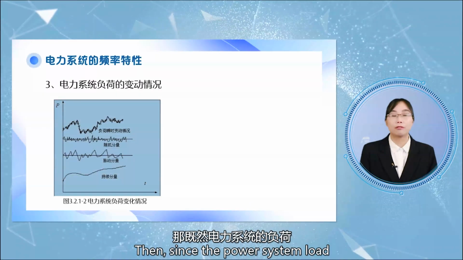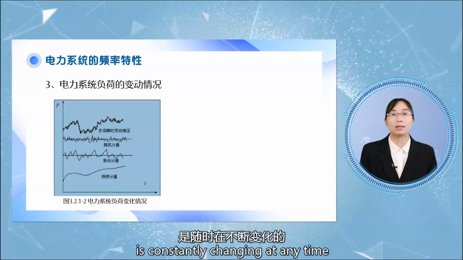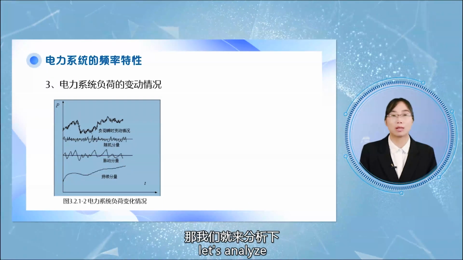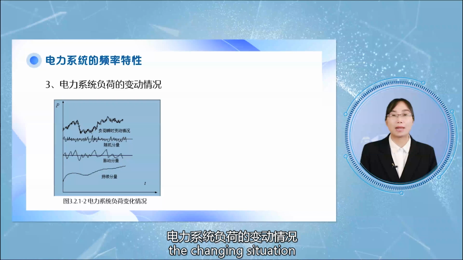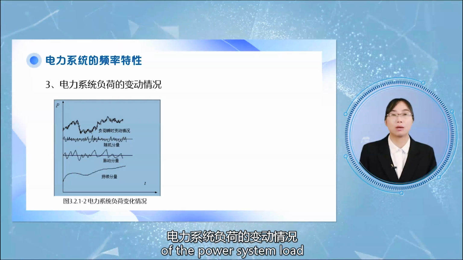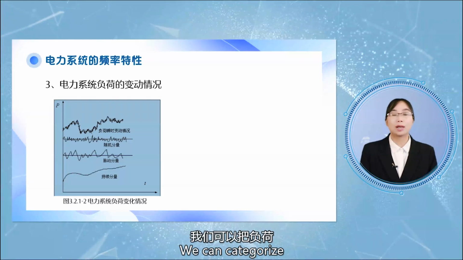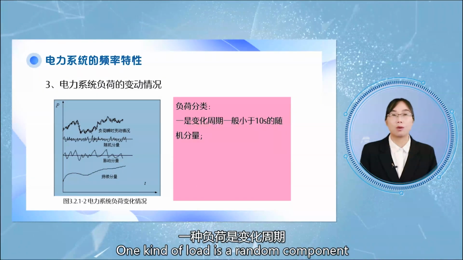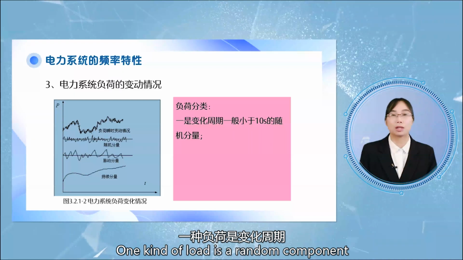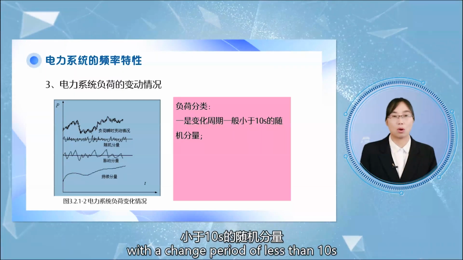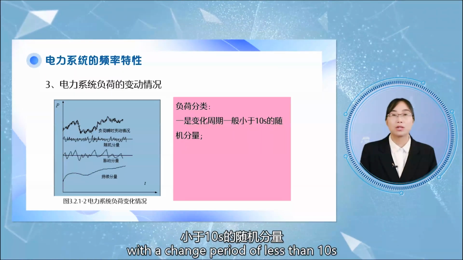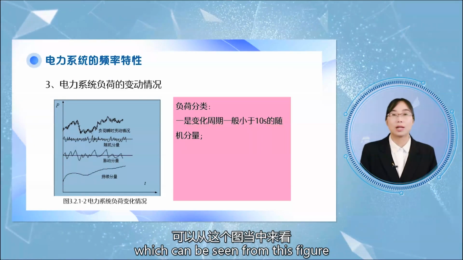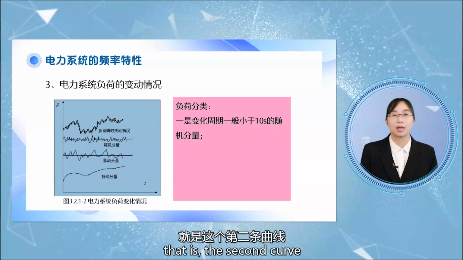Then, since the power system load is constantly changing at any time, let's analyze the changing situation of the power system load. We can categorize the load. One kind of load is a random component with a change period of less than 10 seconds, which can be seen from this figure, that is, the second curve.